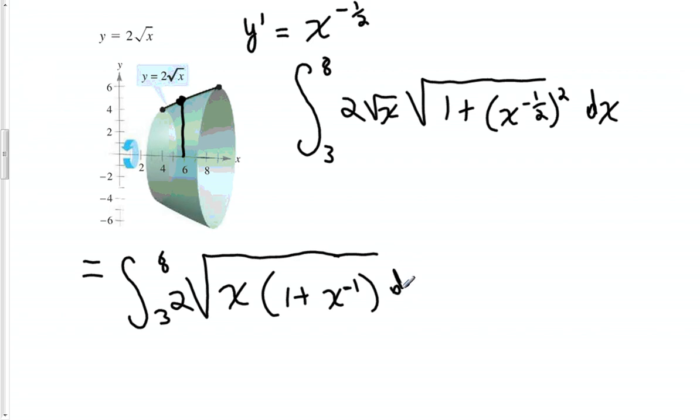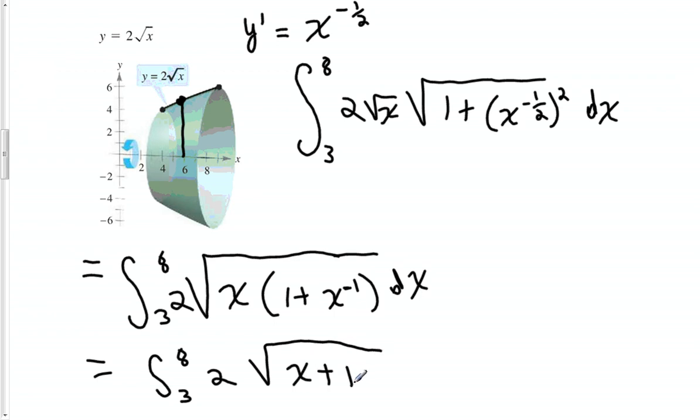And that turns into the integral from 3 to 8 of 2 times the square root, and then we can do this distribution to get x plus 1 dx. And then we are going to do this integral.